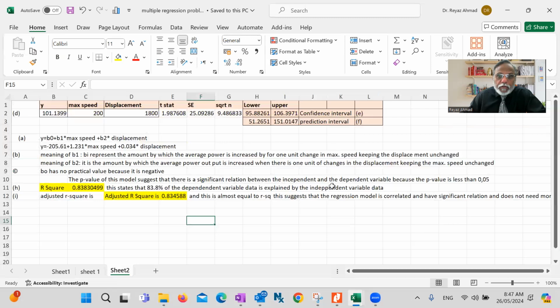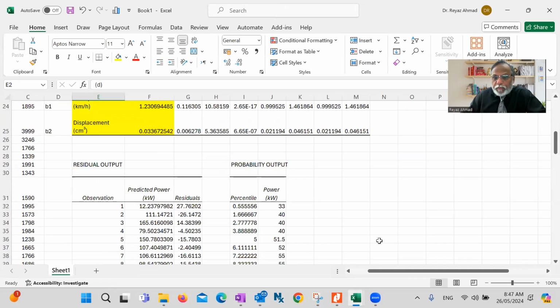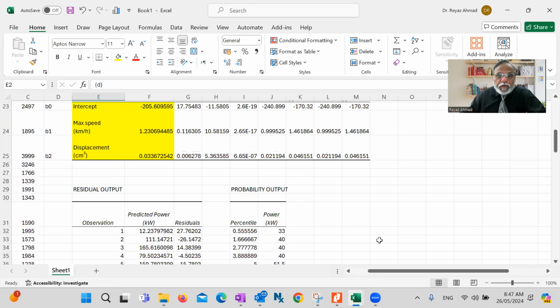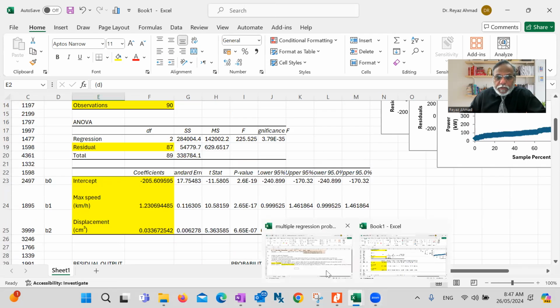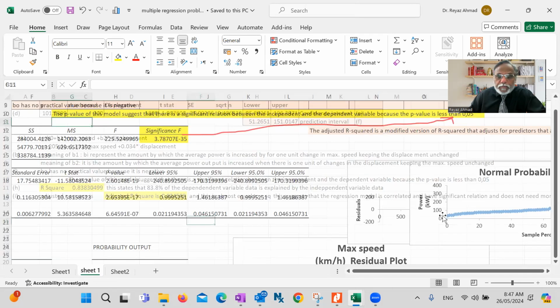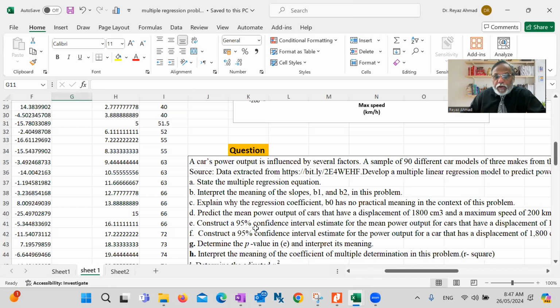Now I will be going back to my question, the confidence interval question. It is here. They ask me to construct a 95% confidence interval estimate for the mean power for cars that have this displacement.